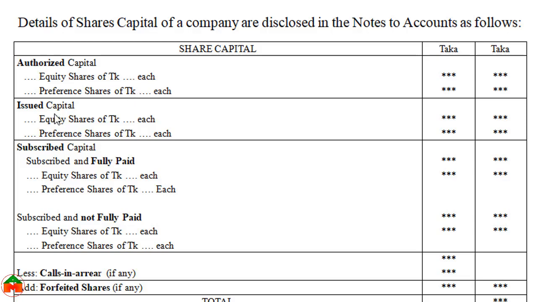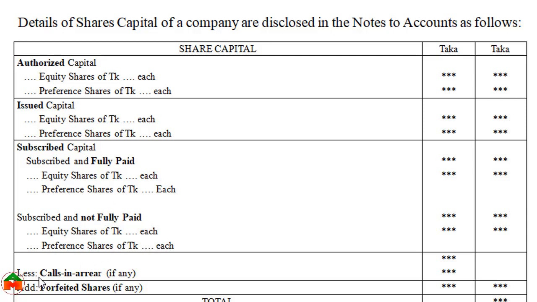You have to disclose the issued capital in the form of equity or preference share. Then you have to represent the subscribed capital, and there may be two types of subscribed capital. Out of total subscribed capital, there may be a fully paid portion and a not fully paid portion. We have to disclose the information in detail.